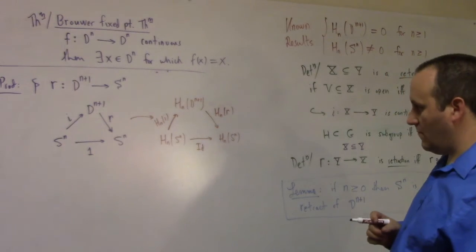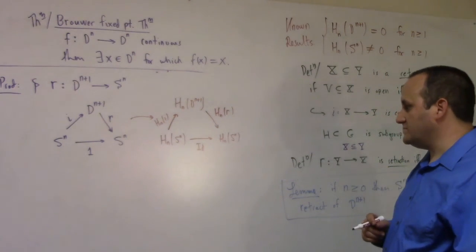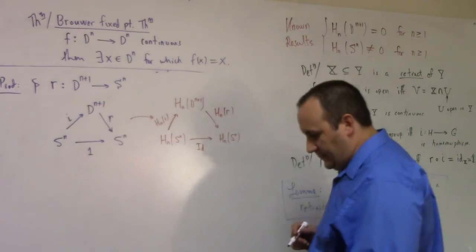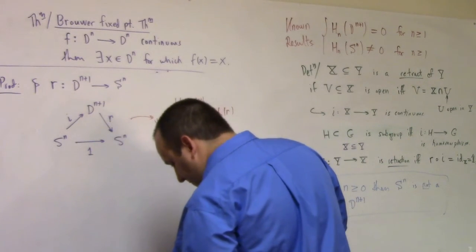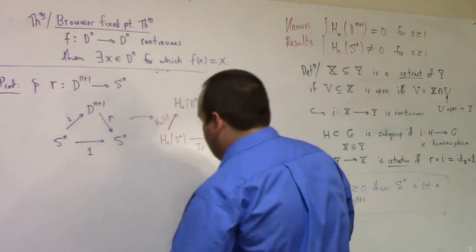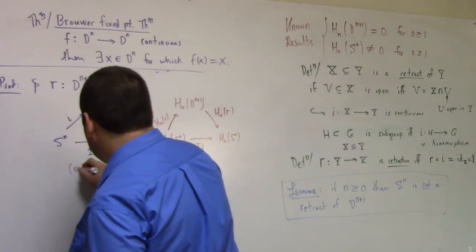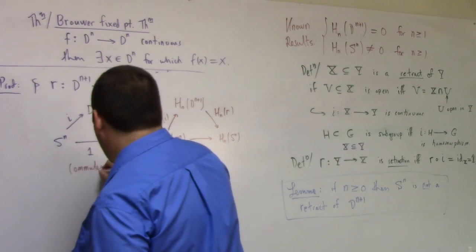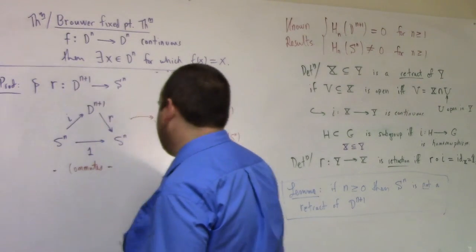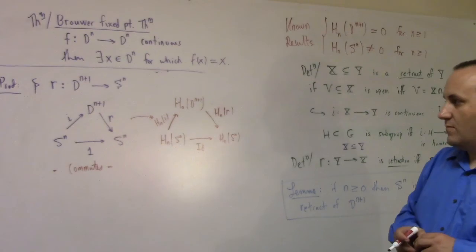All right. But the thing is, he says by property one of the homology functor, this diagram commutes. What's that mean? R composed with I equals the identity.